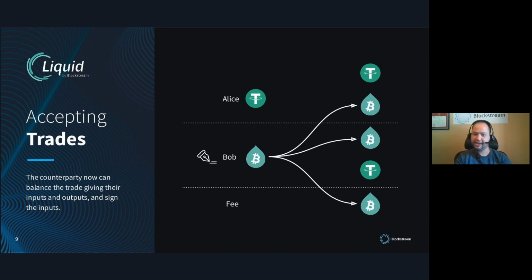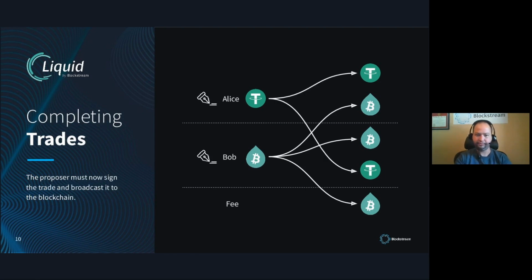He is then able to sign that input because he knows all of the locations that it's going to go, so he can sign it. It's still not quite a valid transaction yet because Alice hasn't agreed to it by signing it yet. So after the trade has been accepted by Bob, he can pass it back to Alice, who can then complete the trade. She does this by signing the transaction, which sends some of the Tether to herself, some to Bob, and the transaction is now valid and can be broadcast to the network.